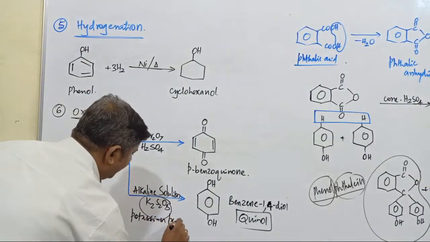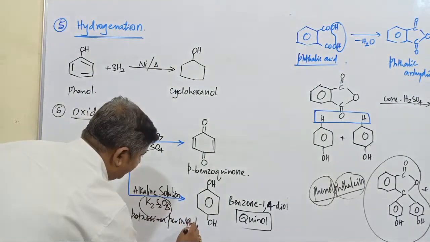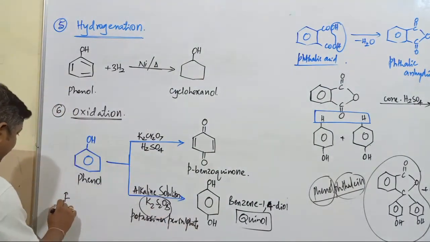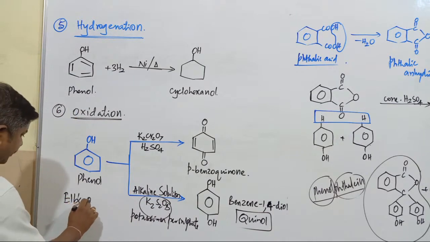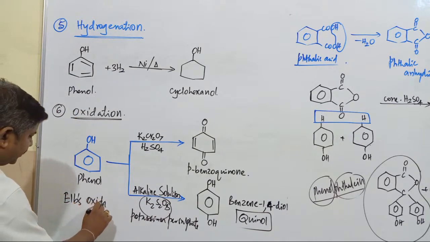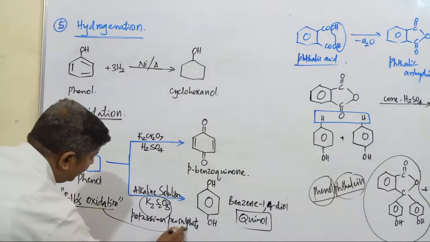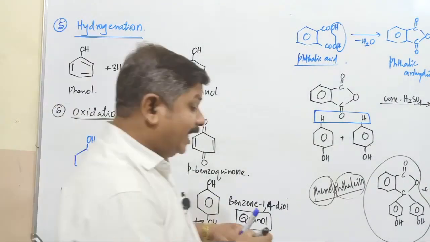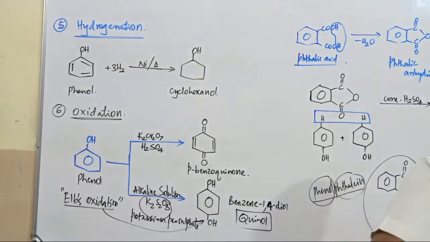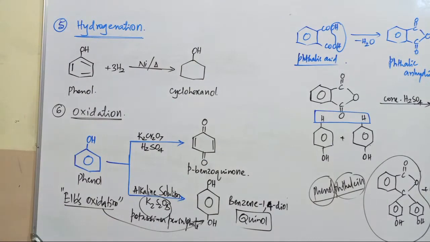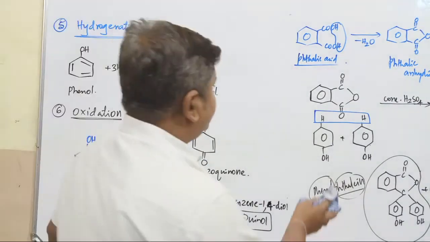And the conversion of phenol into this diol compound is known as Elbs oxidation process. What is the name of this reaction? It is Elbs oxidation reaction for the formation of this compound. So this is about oxidation of phenolic compound. Copy this one. Next, we'll remove this part.